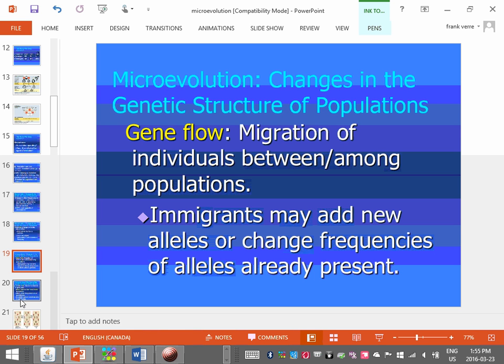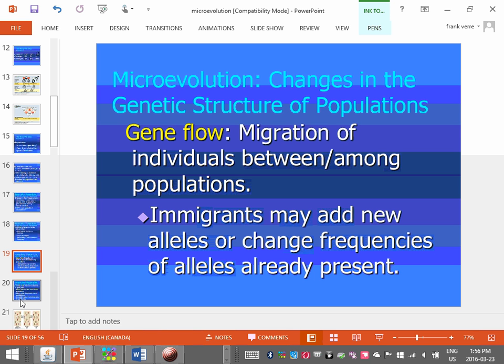And we have 1,000 people. And then, all of a sudden, we have 400 people show up from Sweden. What happens to our blonde allele? It goes up. Because if you look at Sweden, what do you notice? They have a lot of blonde people. So that population has a really high frequency of the blonde allele, right? What will that do to the frequency of the blonde allele in your population, if they come into your population?